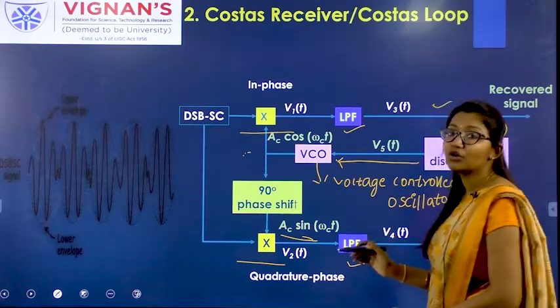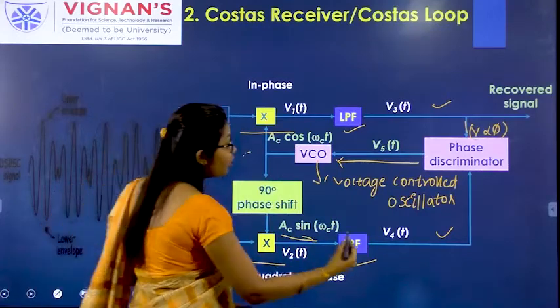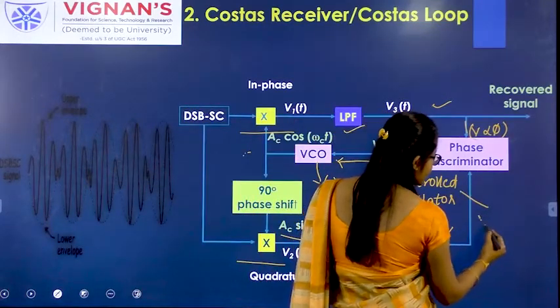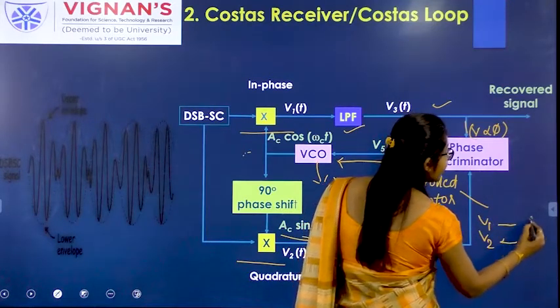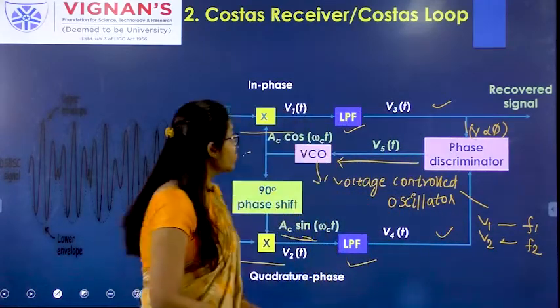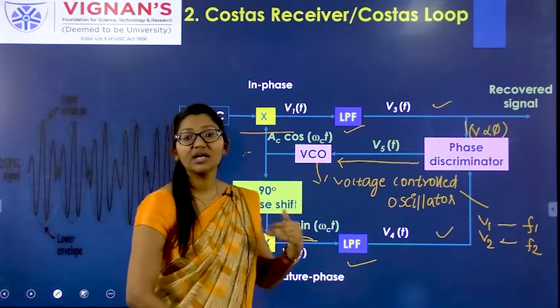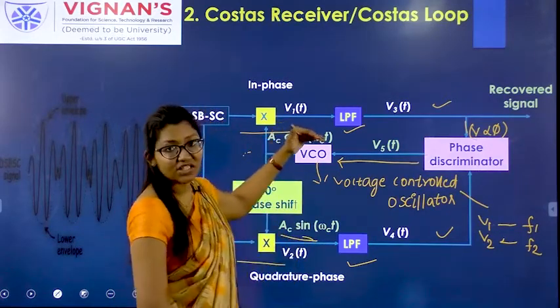Right, voltage controlled oscillator. What the VCO will actually do is produce a frequency of oscillations. While you give an input voltage, it will produce a frequency of oscillations, which means it will generate the carrier frequency.